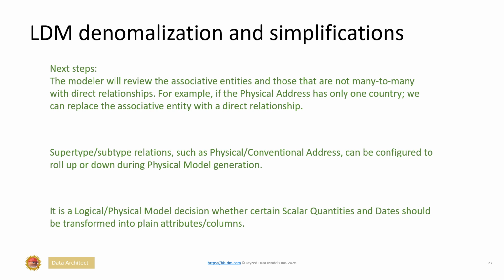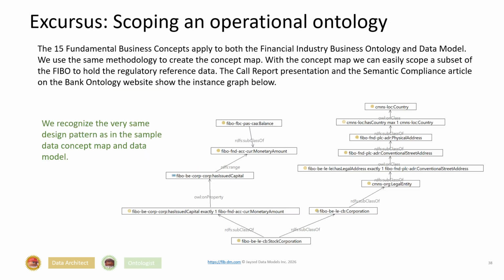Likewise, here supertype-subtype relations, like physical and conventional address, can be configured to roll up or roll down during physical model generation. Same applies to the legal entity hierarchy. And it's a logical-physical model decision whether certain scalar quantities and dates should be transformed into plain attributes or columns in the physical model.